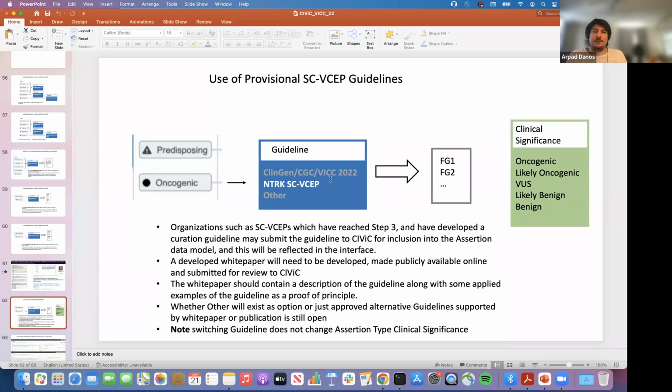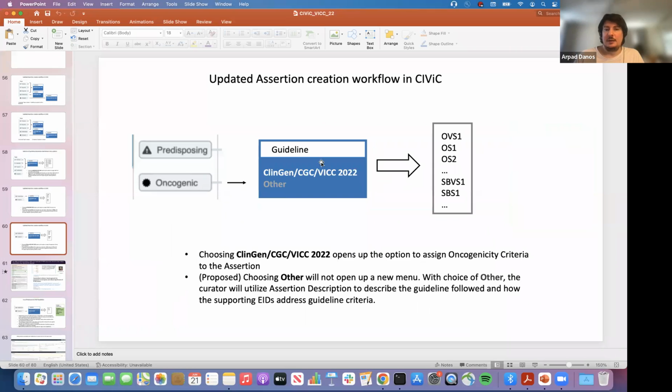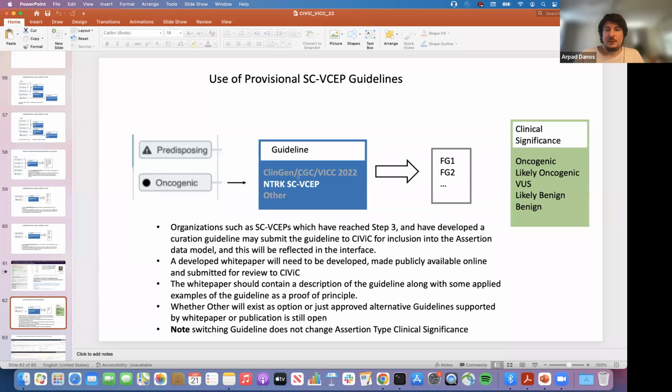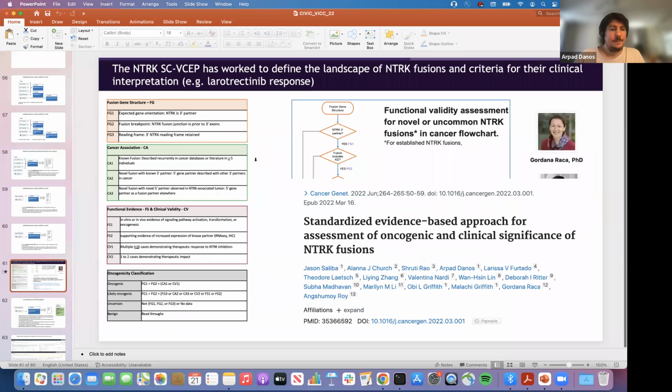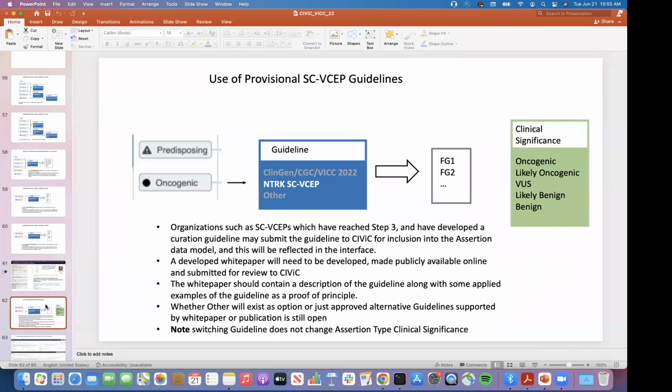And then, for instance, these would appear as the options. So instead of, you choose this, you get these codes, or you choose this, then you get these codes. If you go back to the previous slide, I think it all makes sense.